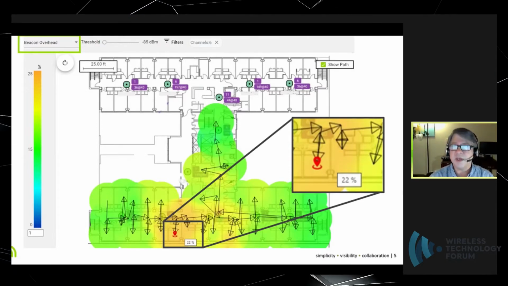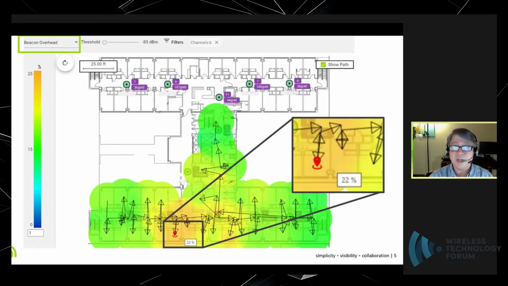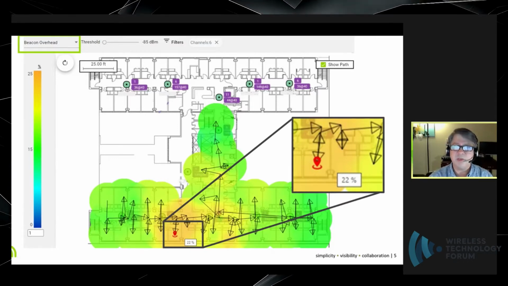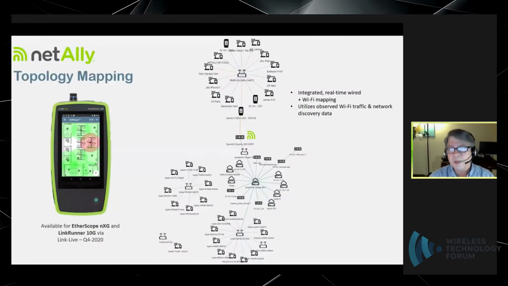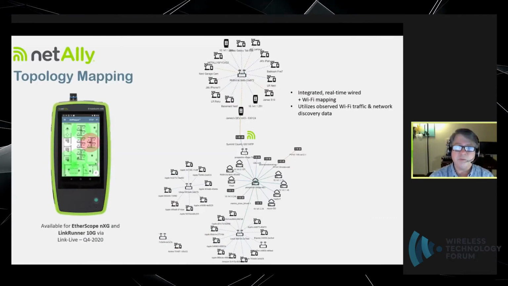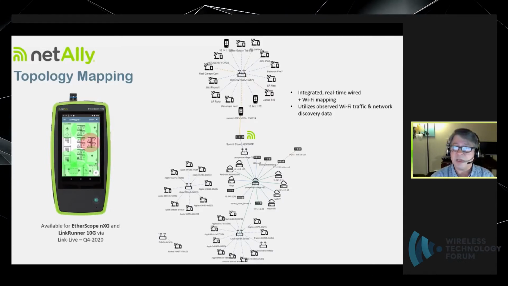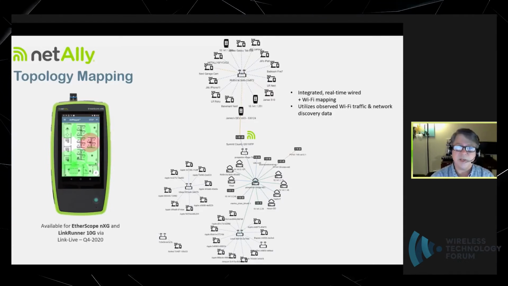So we'll take a look at AirMapper Live in just a second, but I did want to make a little preliminary announcement. We talked about this at Mobility Field Day earlier this year, back in July, but in just a few weeks, we'll be talking about the release of the topology mapping capability in the Etherscope and LinkRunner 10 gig.